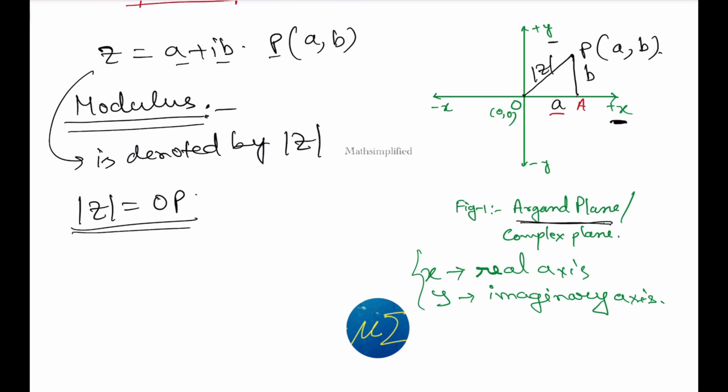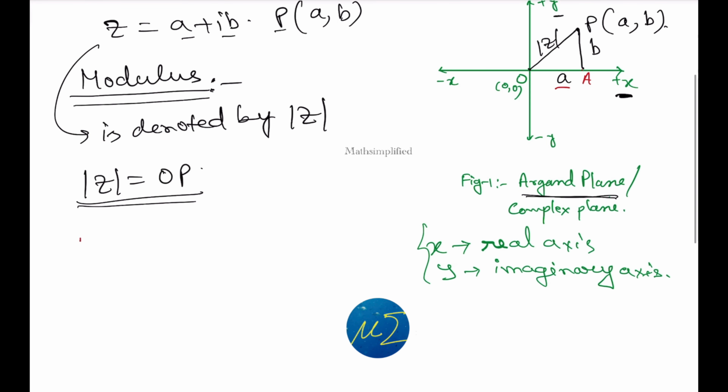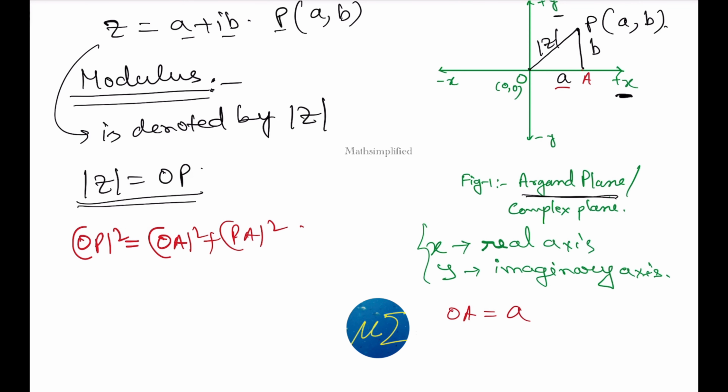We apply the Pythagoras theorem on this triangle. From the Pythagoras theorem we know that OP square equals OA square plus PA square. OA represents the x distance which is a, and PA represents the imaginary distance which is b. Putting these two values in the expression, OP square equals a square plus b square.